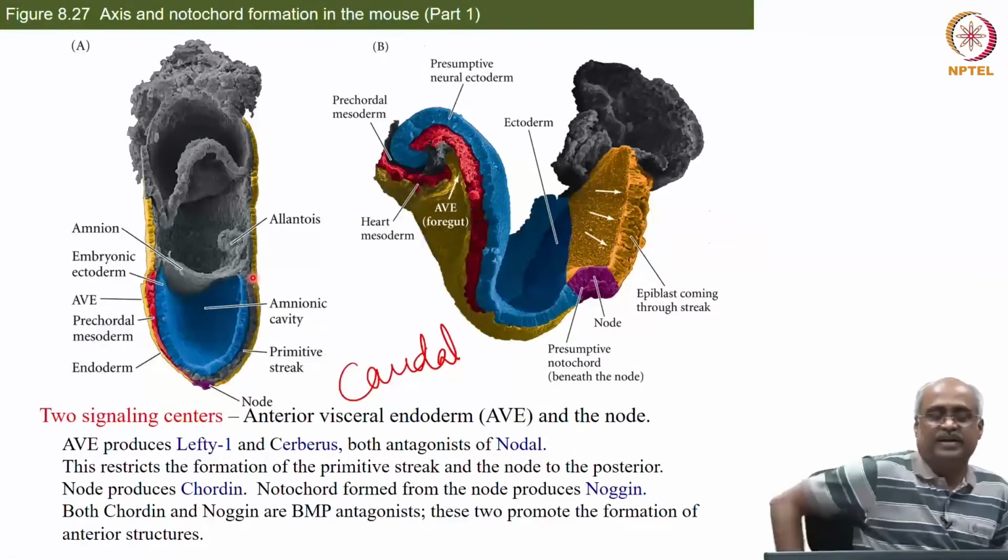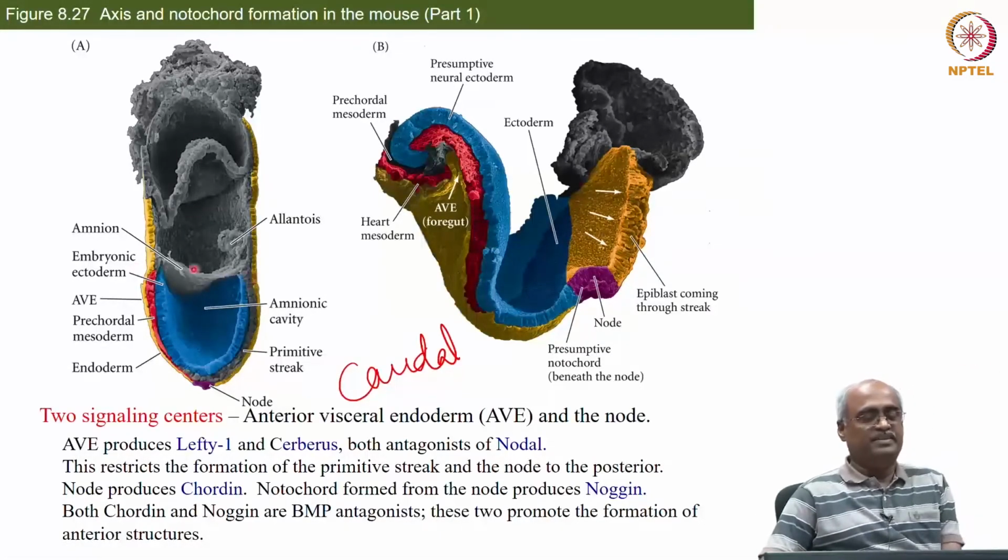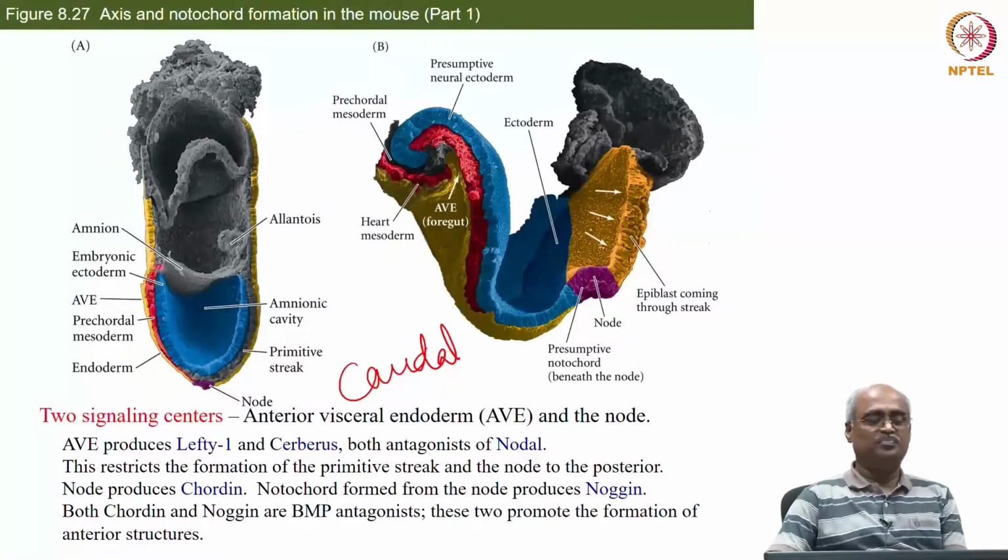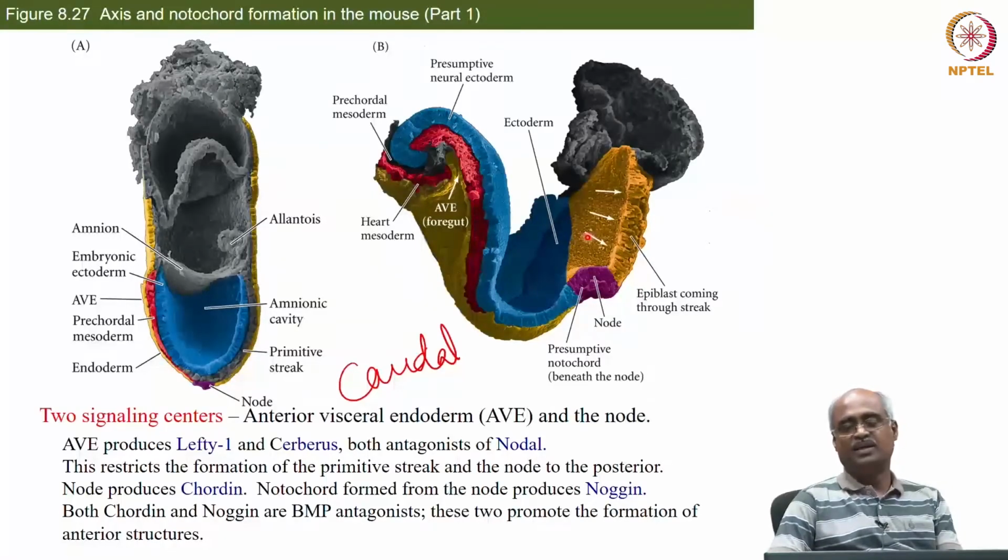So, this is the caudal side, and this is the anterior side where the head is going to form, and the node is right in the middle at the bottom. So, this is the primitive streak. So, between this blue and then sort of greenish grey area, between these two you have the migrations of the cells happening as shown here.